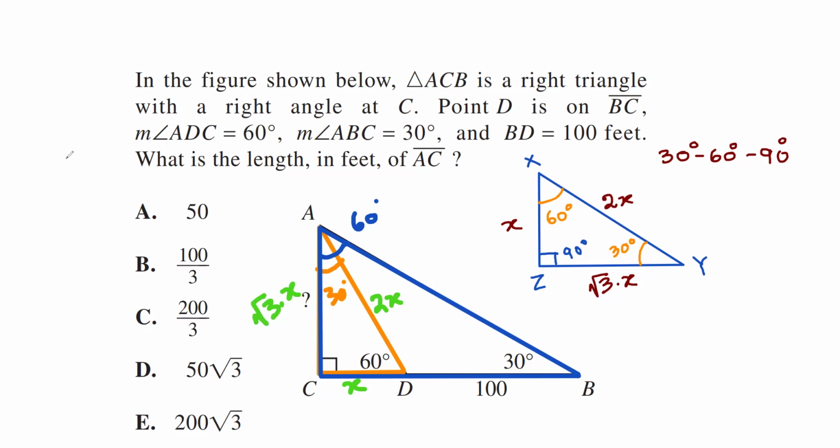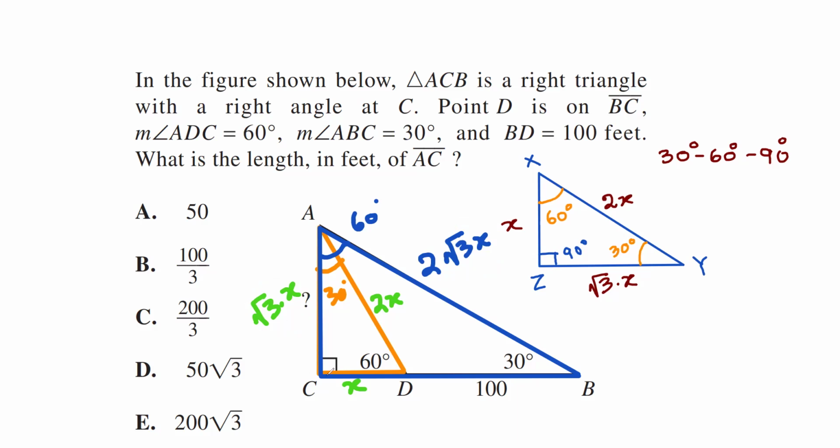And that's certain. Now, if I go to the larger triangle, the blue triangle, which one is the smallest side? Square root 3 x, right? And how to get the length of the hypotenuse? It's double the length of the smallest side, which is 2 times square root 3 x.